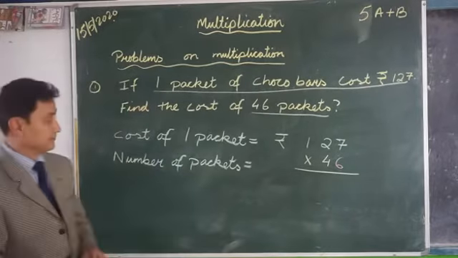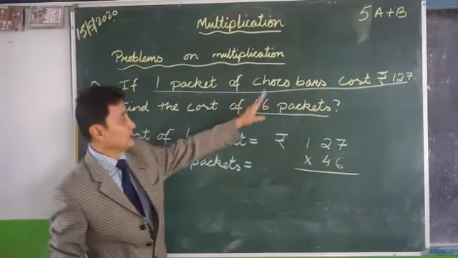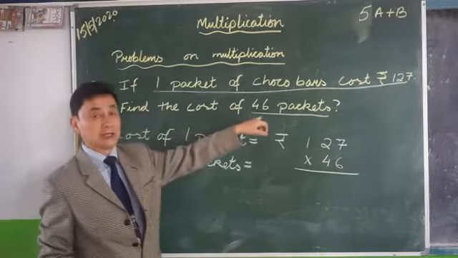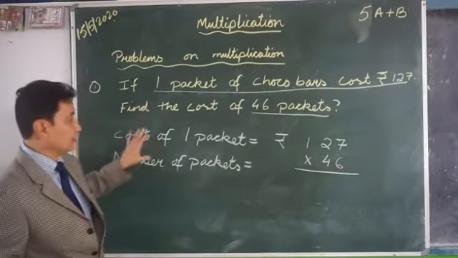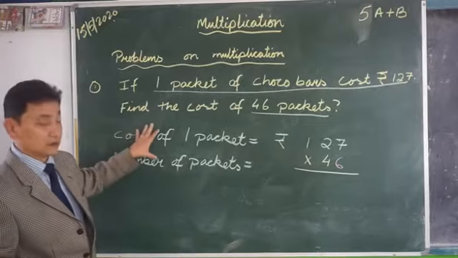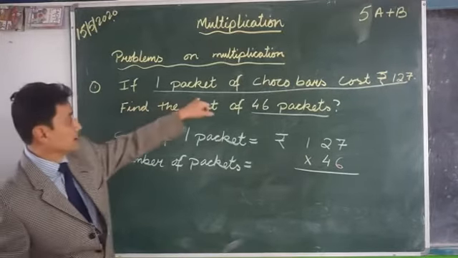Let's go back again. So what were we to find? If 1 packet of choco bars costs rupees 127, we have to find the cost of 46 packets. Now these are the statements you must write. All the sums must be done like this, with the statements.